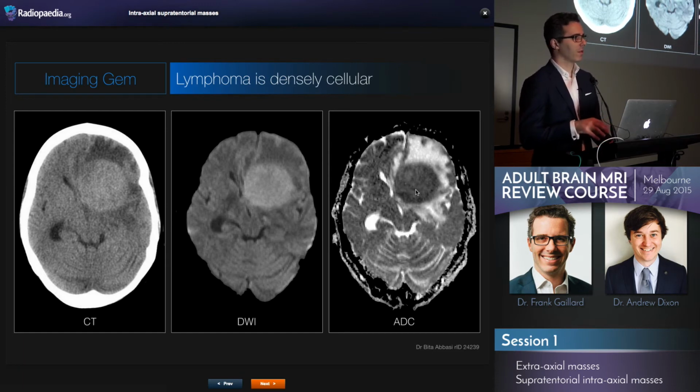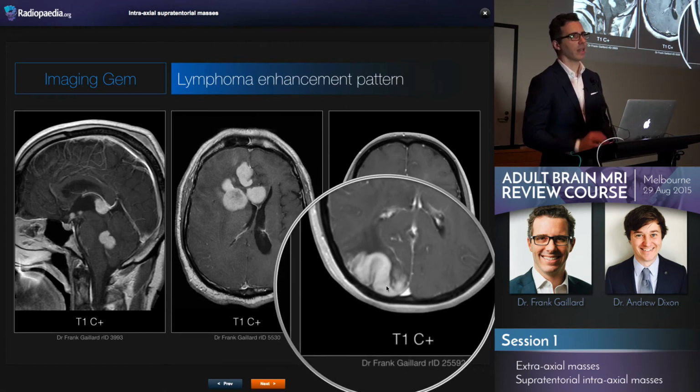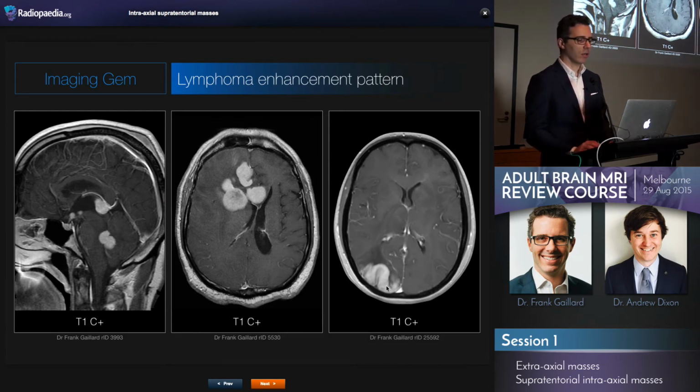And it might not be lymphoma, it might be medulloblastoma, or it might be pineoblastoma, but it's a highly cellular tumour, and those go very closely together and help you predict the histology. The enhancement of lymphoma is what's particularly helpful. They all have this very homogeneous enhancement, even when it's cortically based, very bright as meningiomas, even more so and even more homogeneous. And you can be very certain of the diagnosis.